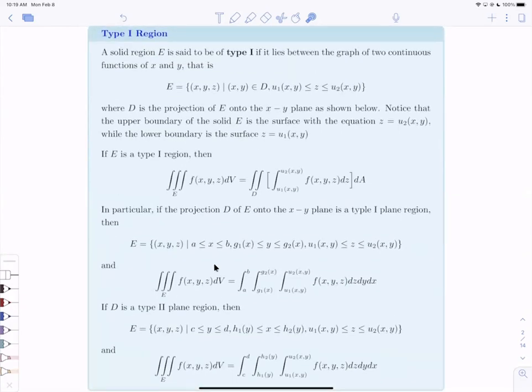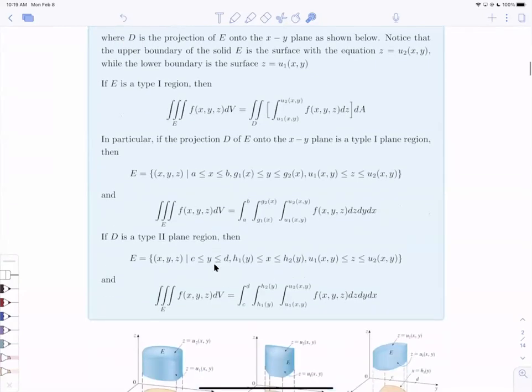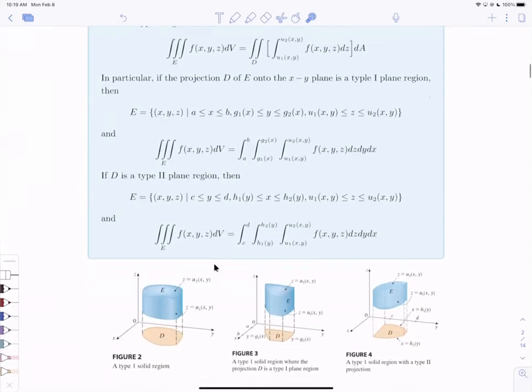If it's a type 1 region, this is the formula you use to compute it. But for D itself, the projection, we have two different types as well: type 1 and type 2. The definition is exactly the same as before we did double integral.